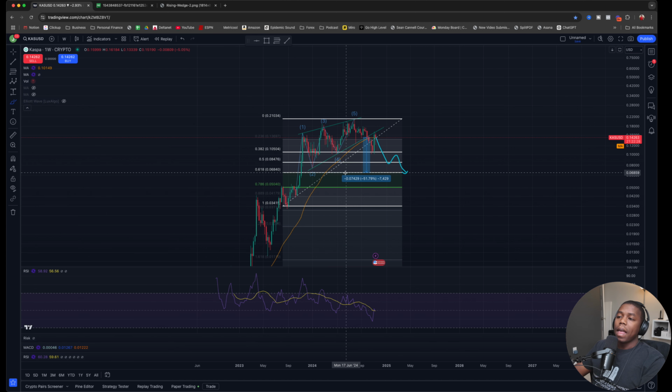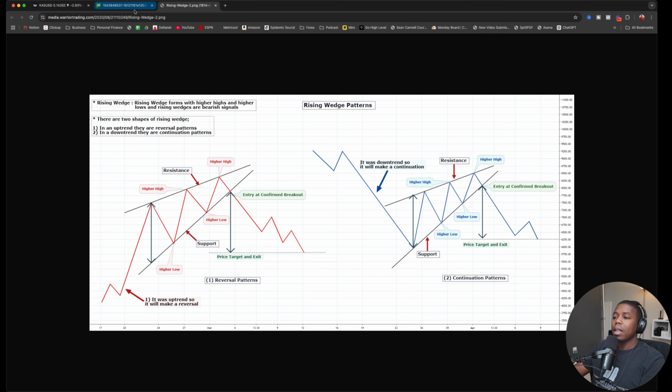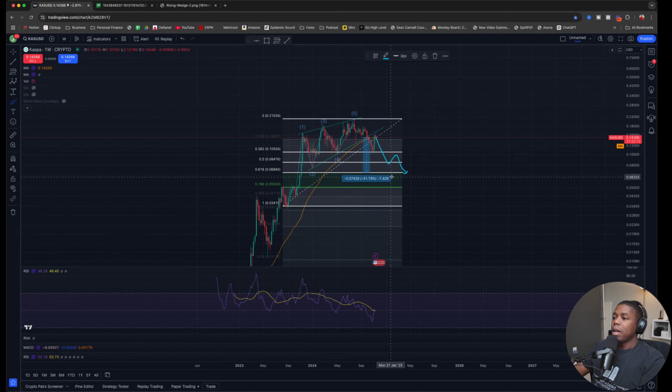But for now, I'm actually bearish on this one. I am not bullish yet. Now, I can obviously be wrong. This is just probability in what I'm seeing based upon these different patterns, but I have a conviction that we're going to see price move down just a little bit more, and that will actually present a good buying opportunity.